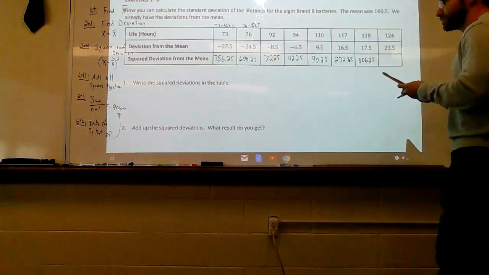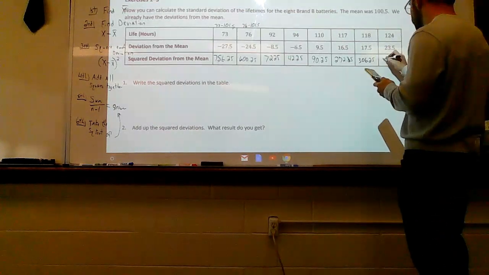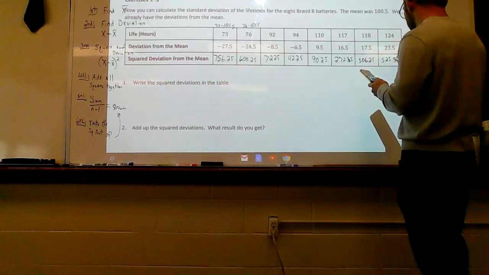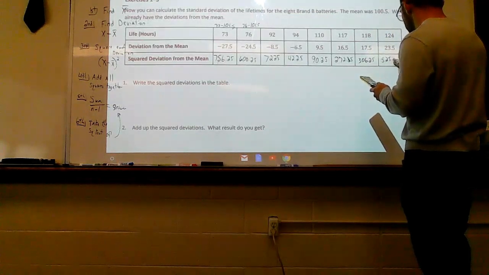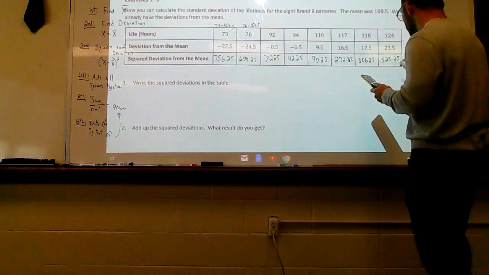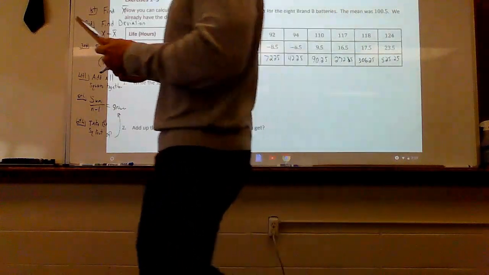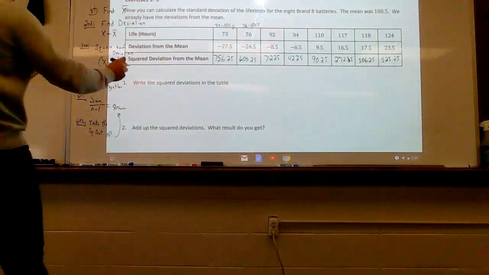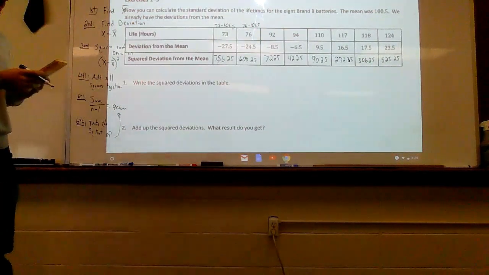And last but not least, 23 and 5/10 squared gives me 525 and 2500ths. So now I've done step one, the square deviations.